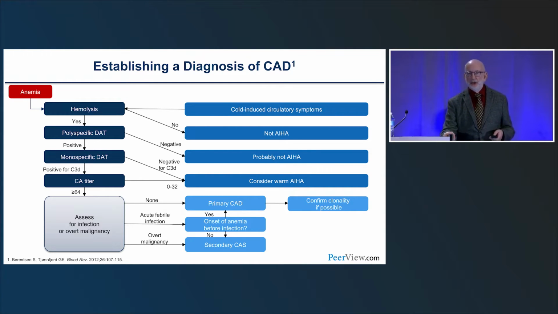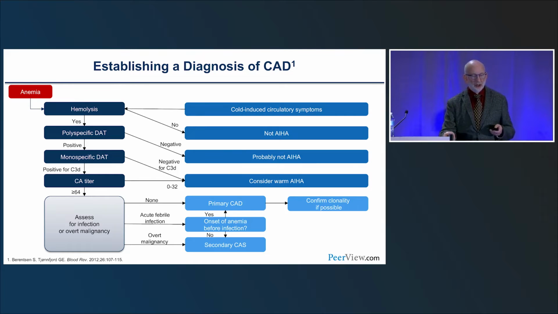But as I said, you can have complement activation also in warm autoimmune hemolytic anemia, and you can even have a monospecific DAT positive for C3d only, even in WAIHA, because there could be, for example, warm active IgM.